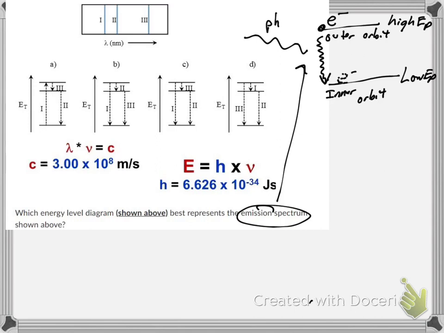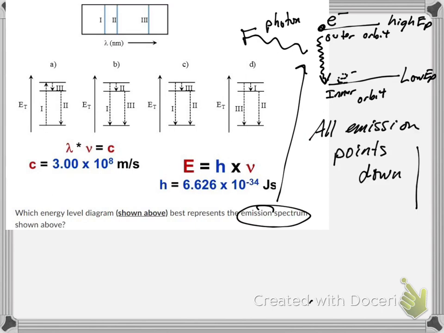And then through this process it emits a photon, right? So that's why it's called emission. So all emission points down. All right, so now let's take a look at the relative Roman numerals here.